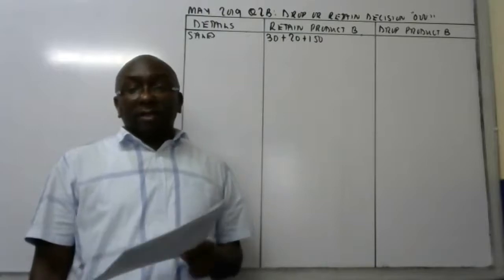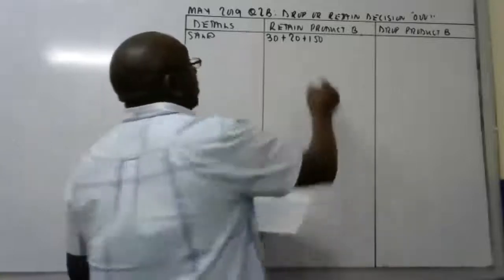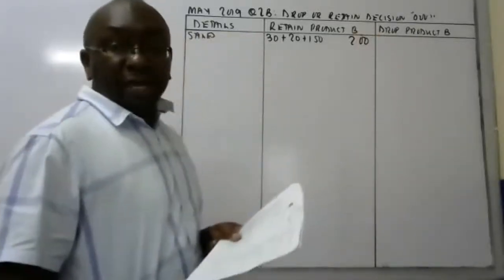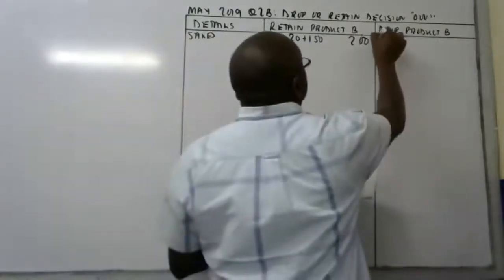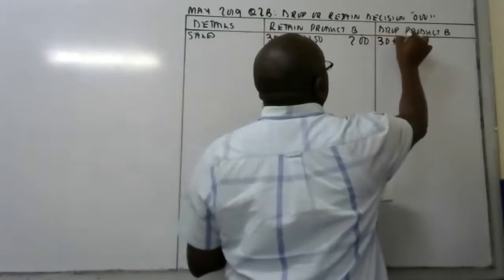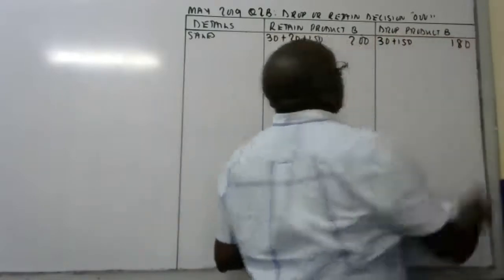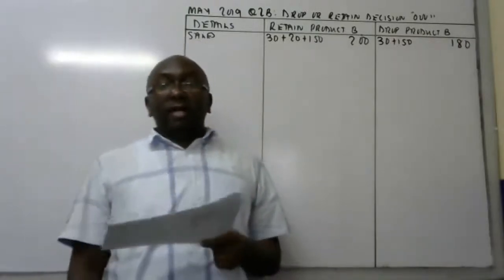Yeah, it's 200. But if we drop B, we will have 30 plus 150, which is 180.